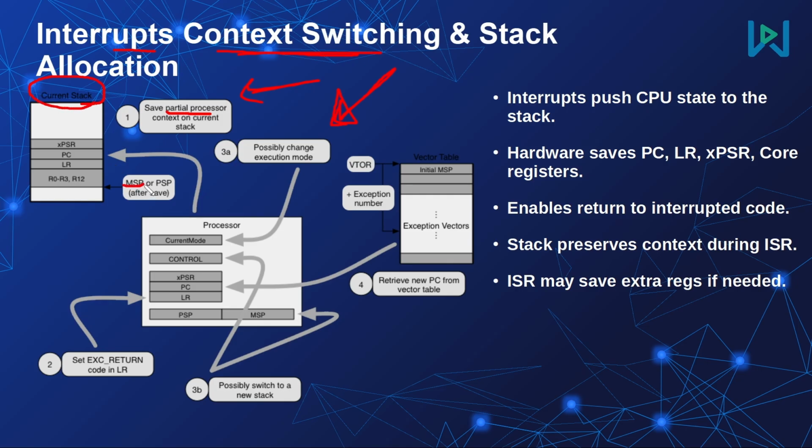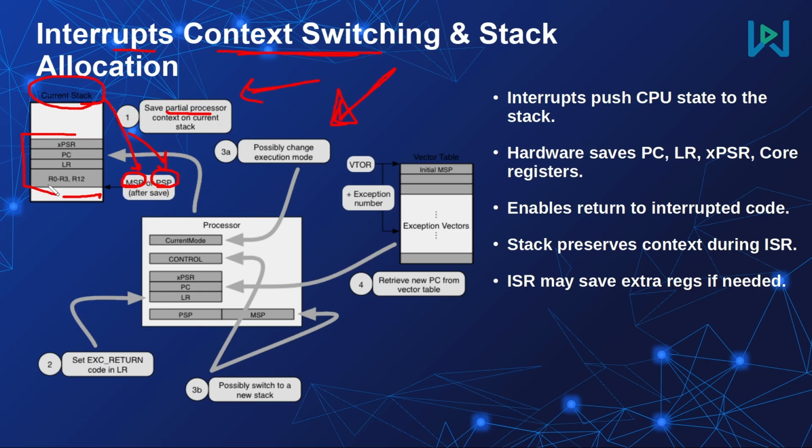So it can be the main stack pointer or the process stack pointer. After doing this partial saving, the current active stack, pointed to either by the main stack pointer or the process stack pointer, will look like this.